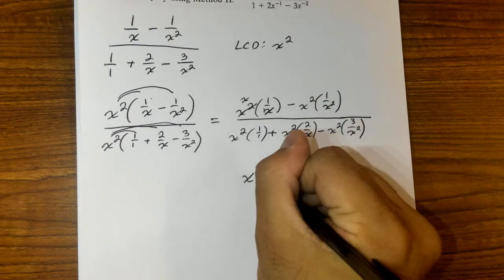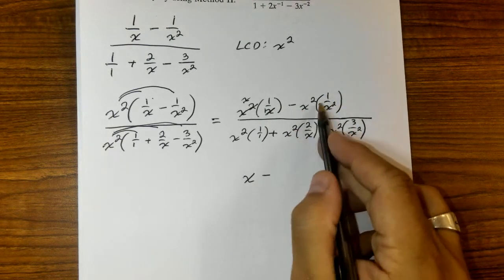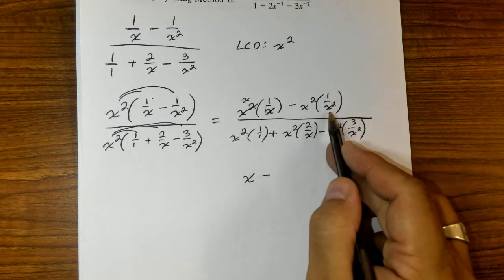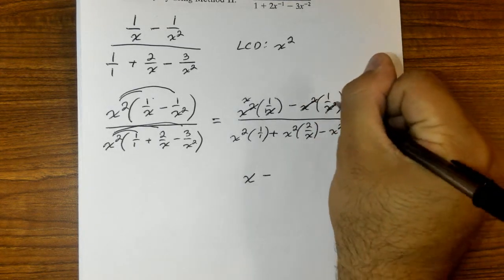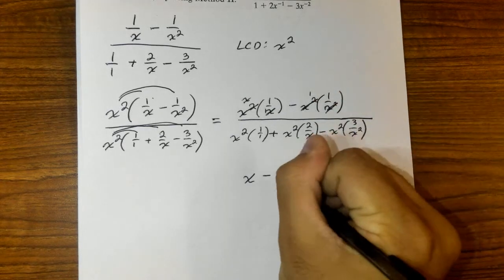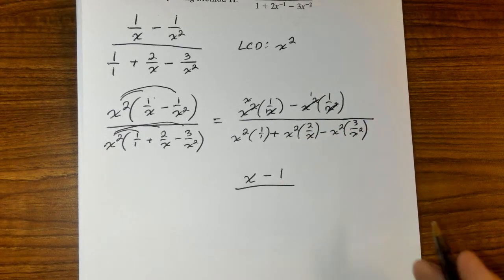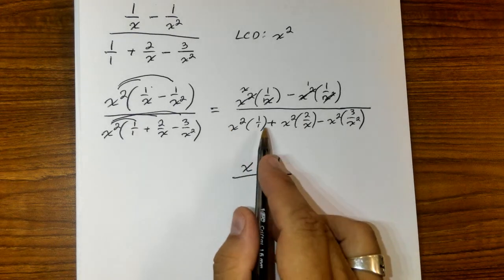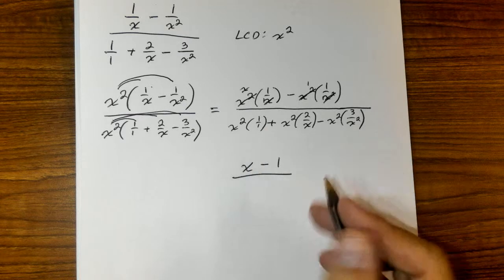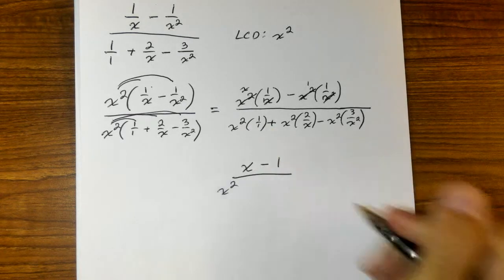And then I'm going to subtract, bring my minus sign. x squared times 1 is x squared, divided by x squared is 1, and you can see that it simplifies. x squared divided by x squared is 1 over 1, so x minus 1 is what's in the numerator. In the denominator, I have x squared times 1 over 1, which is really just x squared times 1. I just have x squared.